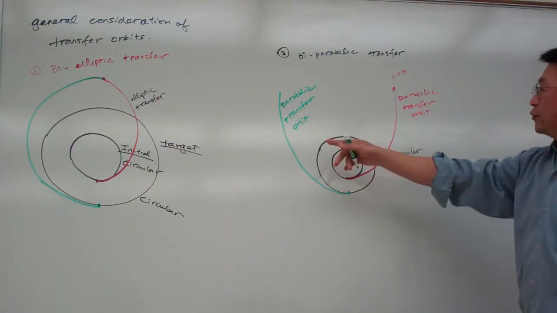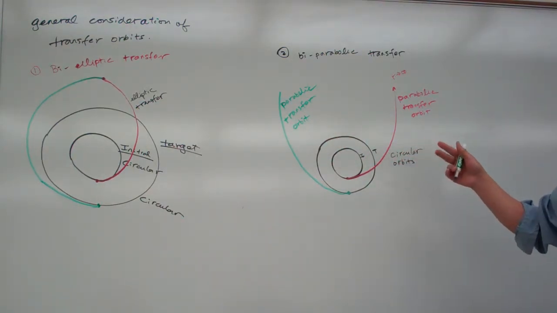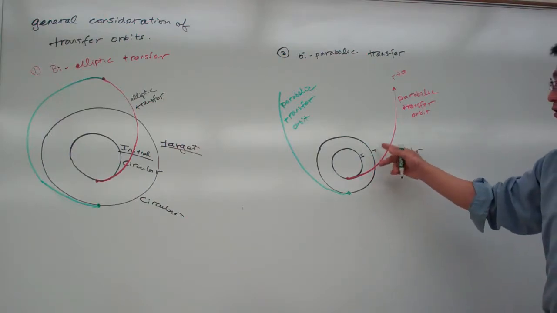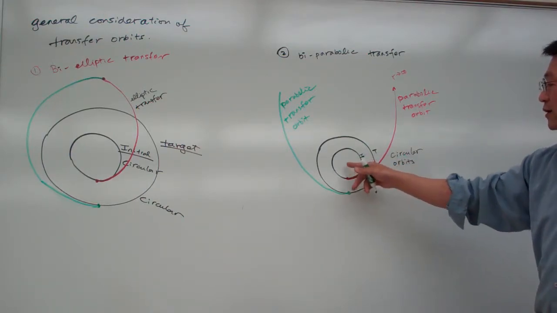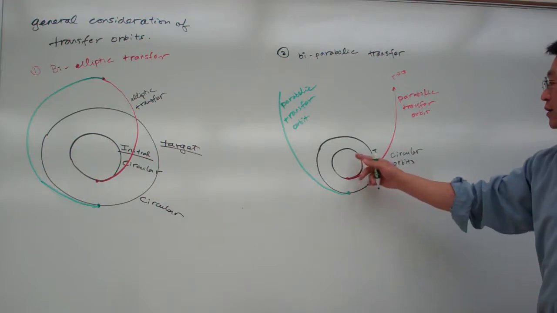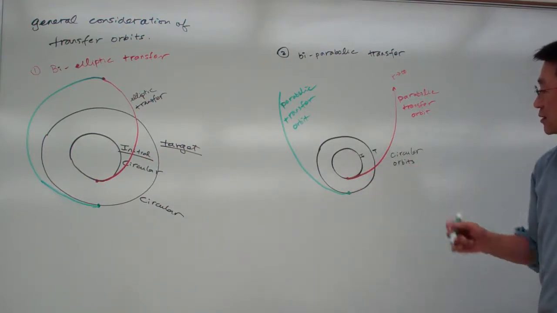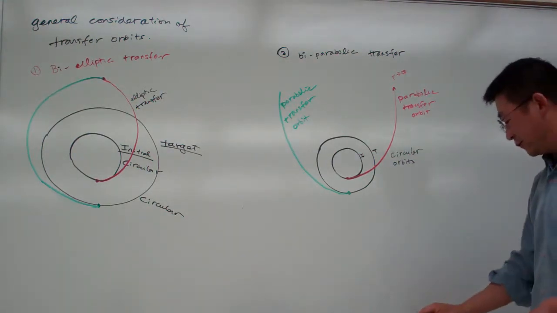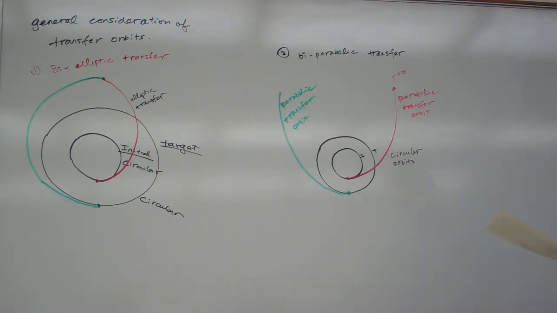The two are both parabolic, but they have different features. This one has a larger r_p than the inner one. Basically this is the focus, the occupied focus here.